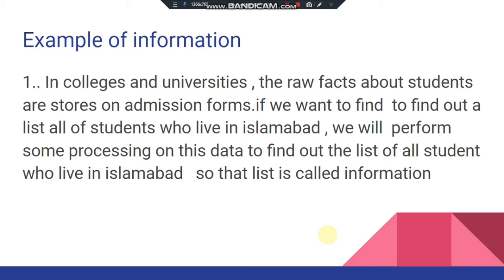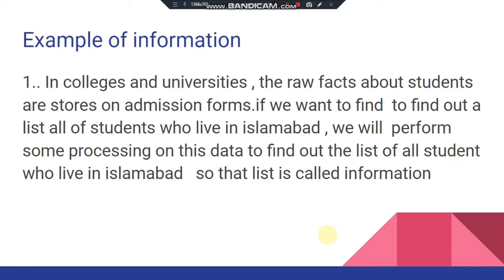Now when we need to find the list of people who live in a specific place, like New York, London, Islamabad, or any other city, we perform some operations. What kind of operations? In the coming tutorial it will be explained clearly what these information systems or processing systems are that find the list of students. When we find the list of students, it becomes information, because it tells us that these students belong to Islamabad or any other city.